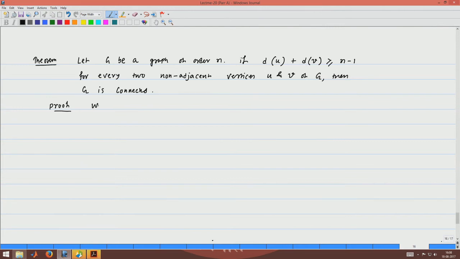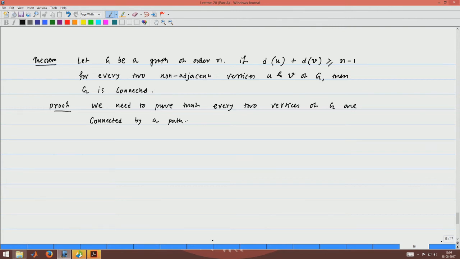So, we need to prove that every two vertices of G are connected by a path.